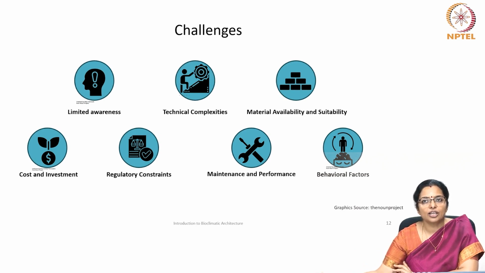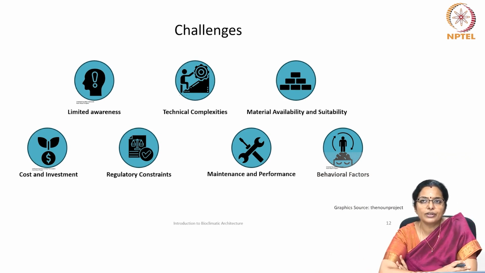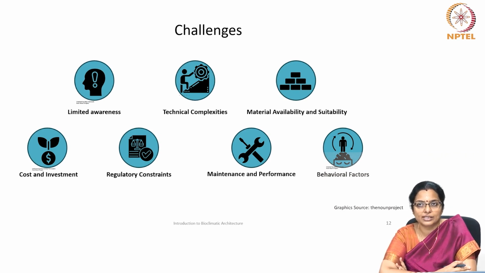The second is the cost and investment. So, implementing bioclimatic strategies often requires upfront investment in technologies, materials, and design considerations that can be perceived as costly. While these investments often pay off in long-term energy savings, the initial capital outlay can be a barrier for some projects.